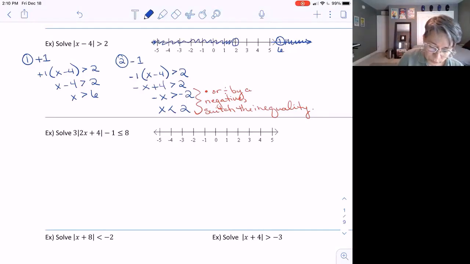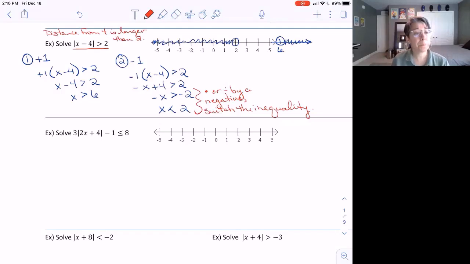Now, when we look at the original equation, this means the distance from 4 is larger than 2. Absolute value represents distance, so the distance from x to 4 has to be larger than 2. If this is our 4 right here in the middle, there's 2, so it has to be larger than 2. Over here on the left, that 2 is 2 distance away. So we're going away from the number 4.